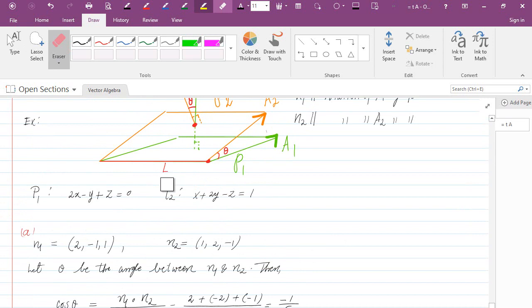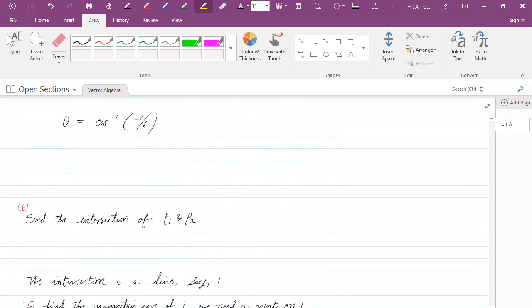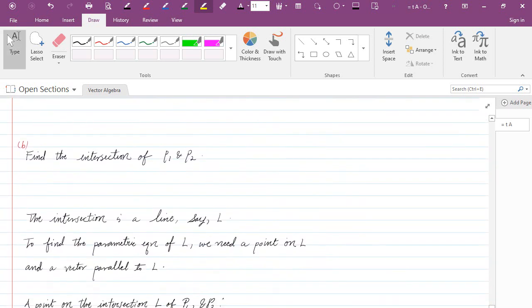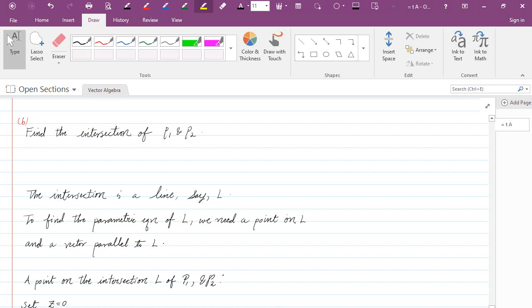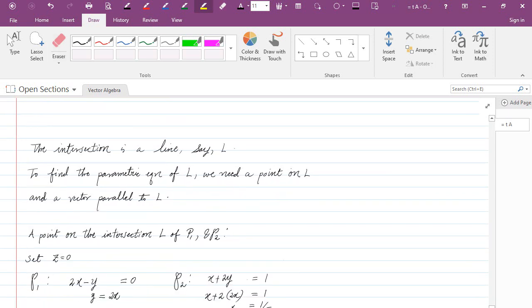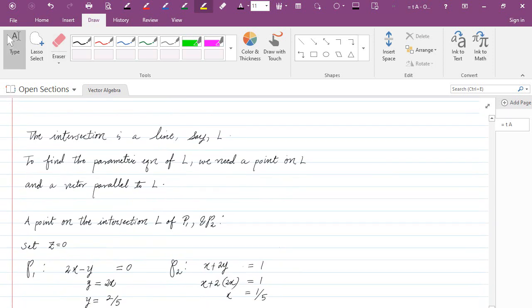Well, in order to write down the parametric equations of a straight line, we know that we need a point on the line, and we need a vector that is parallel to the line L. Again, to find the parametric equation of L, we need a point on L, and we need a vector parallel to L.